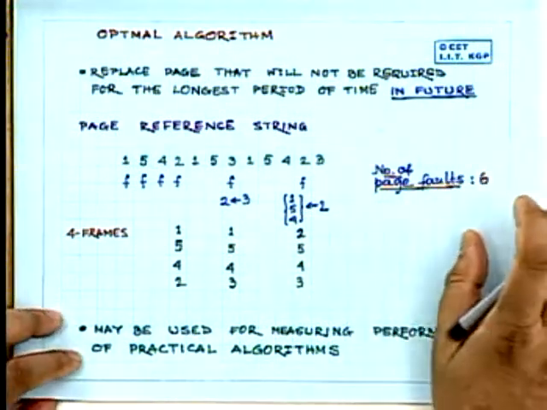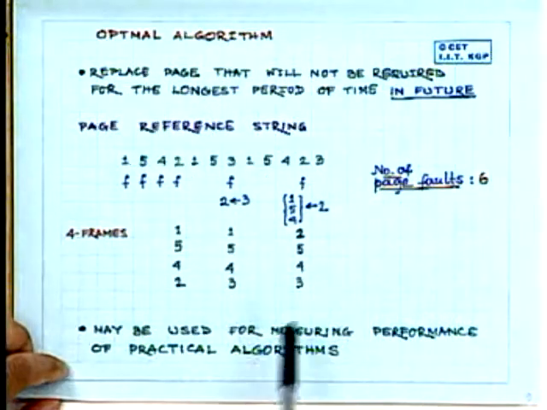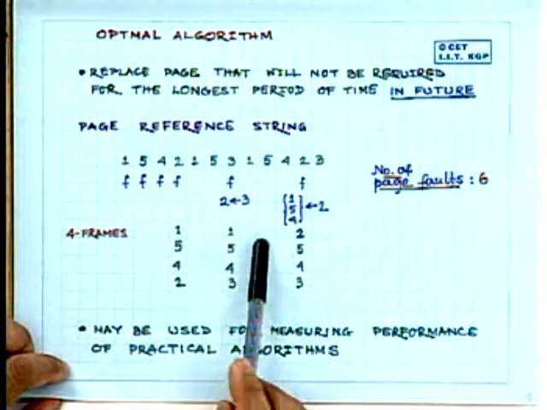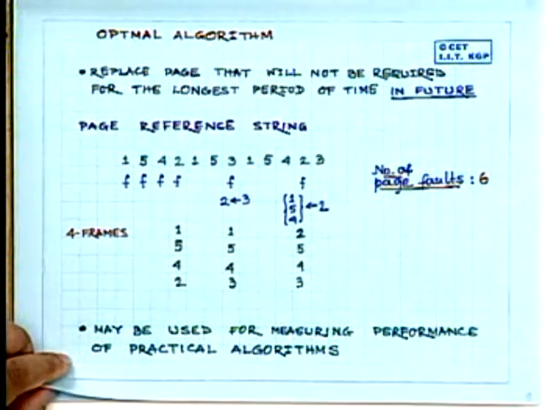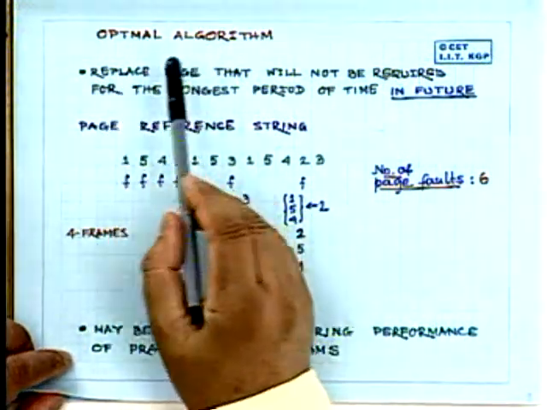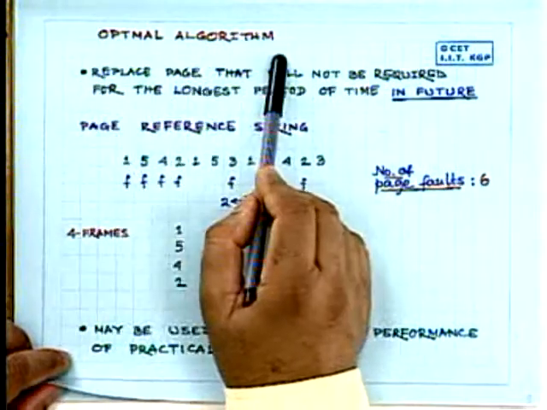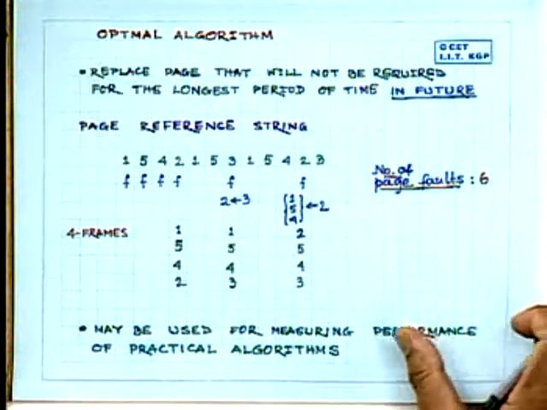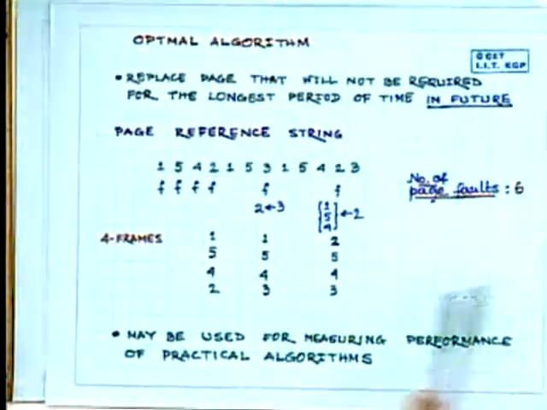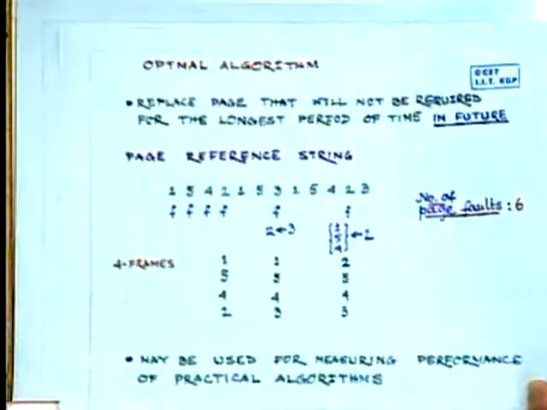But naturally that is not practical, that cannot be done. But this is the algorithm which can be used for measuring the performance of the practical algorithms, right? And that is why we call it an optimal algorithm, which possibly is used only for measuring the performance of other practical algorithms.